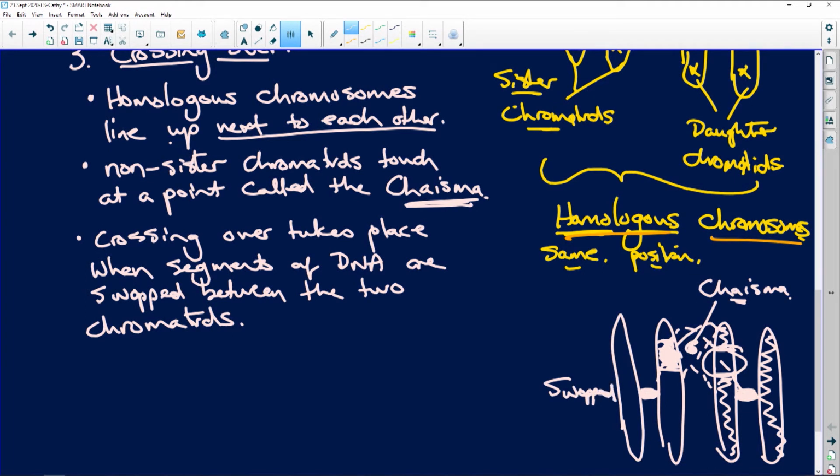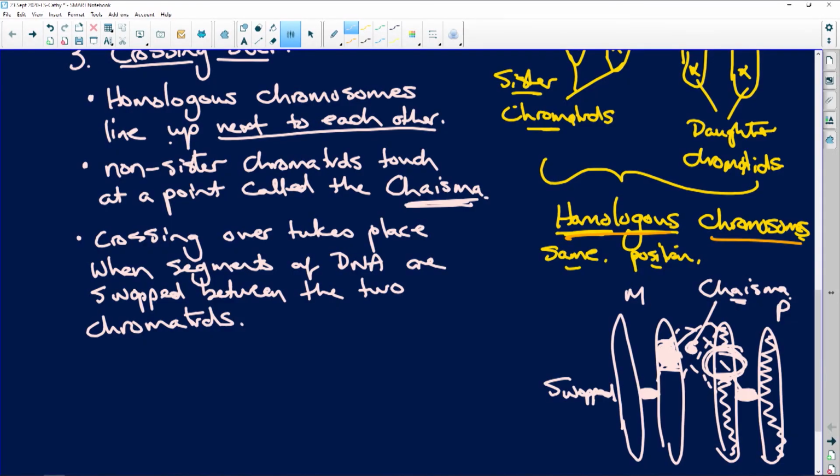So what do we end up with? We end up with a maternal chromosome with a piece of paternal, and the paternal chromosome with a piece of maternal. And that, folks, is what causes variation. That is what gives us our genetic variation from one individual to another individual. Okay, so we haven't finished yet. So crossing over takes place when the segments of DNA are swapped between the two chromosomes.